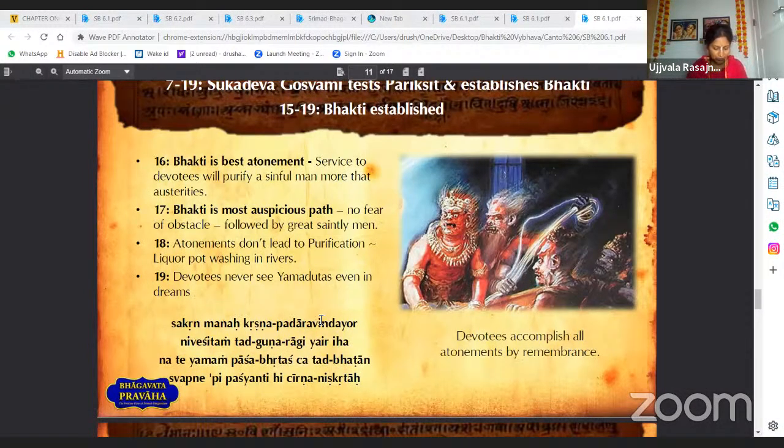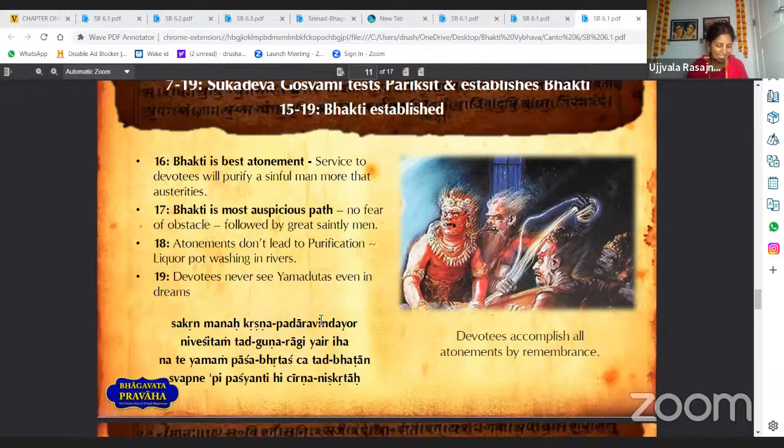I took the shloka. I wanted to say the exact Sanskrit words because it is not just simply taking shelter of the Vaishnavas. It says, when you take shelter of those devotees who take shelter of Bhagavan.